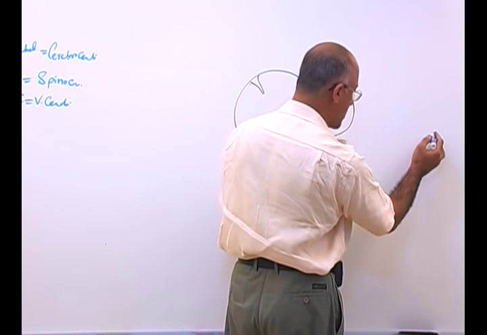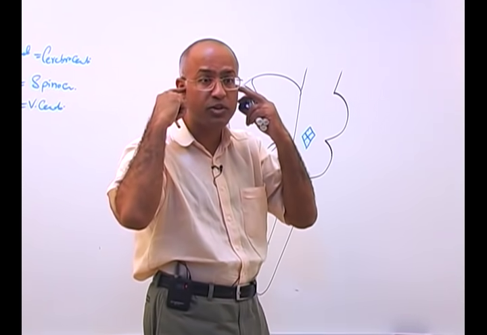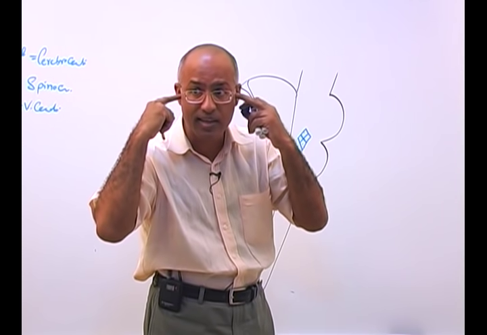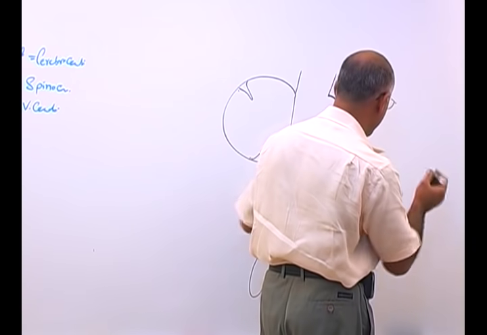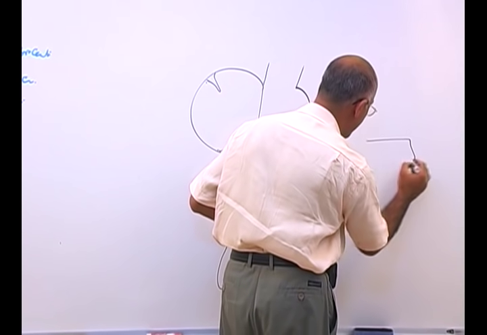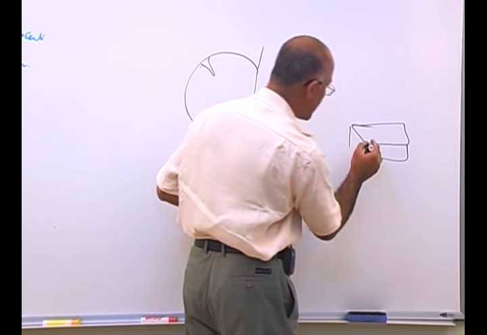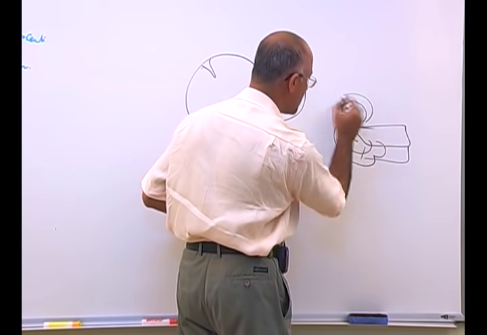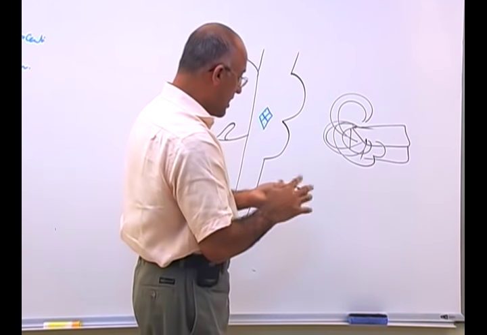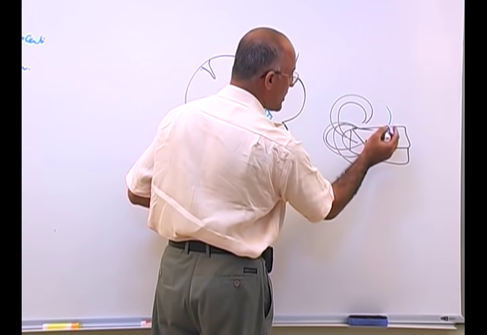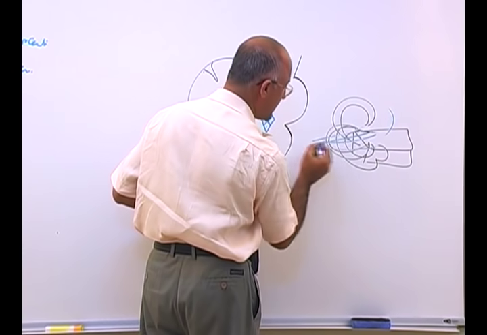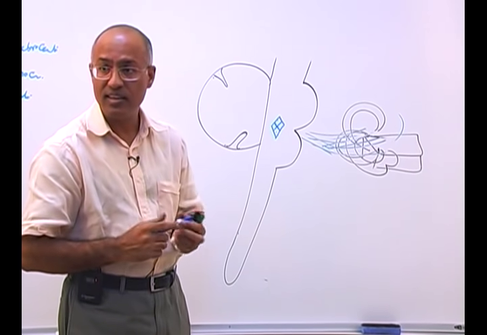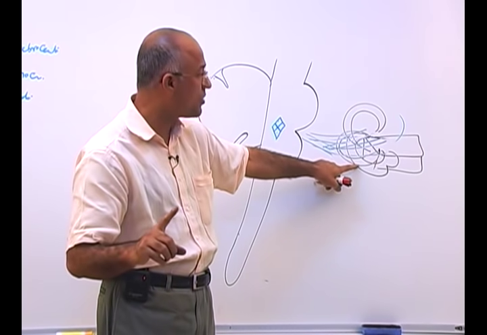And here is the vestibular apparatus, which is part of the inner ear and is concerned with balance. Have you studied it or not? In the inner ear there is a vestibular apparatus, and around it there are multiple semicircular canals. The fibers which come from this area bring information about balance, especially the position of the head. You will study it in detail in the lectures on the vestibular system.